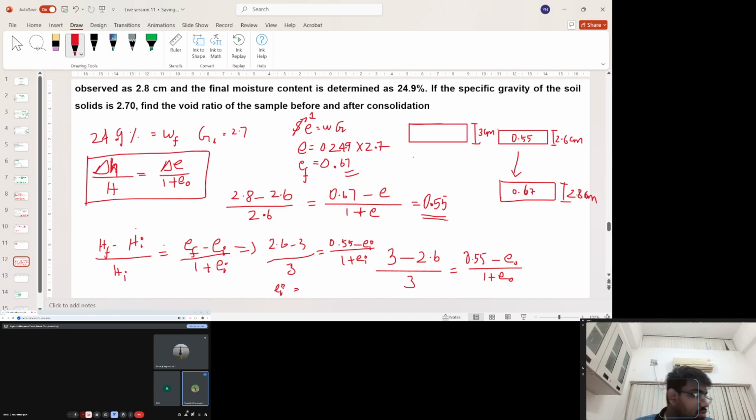This is the mistake we are making. 2.6 minus 3 divided by 3.